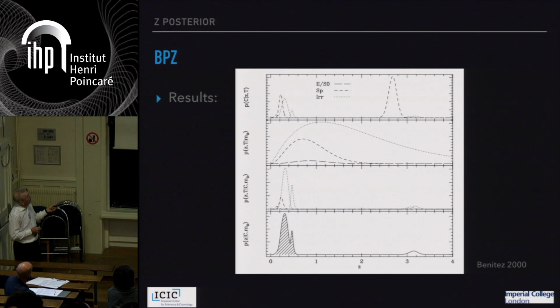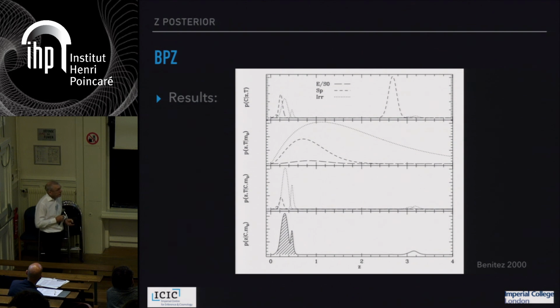So once you put in the information from the magnitudes, and then obtain the probabilities given the colors and the magnitudes, then things collapse down to the low redshifts, depending on the template used. Marginalizing over the template then gives a full posterior, which is centered at low redshifts with a small probability of something being at high redshift.